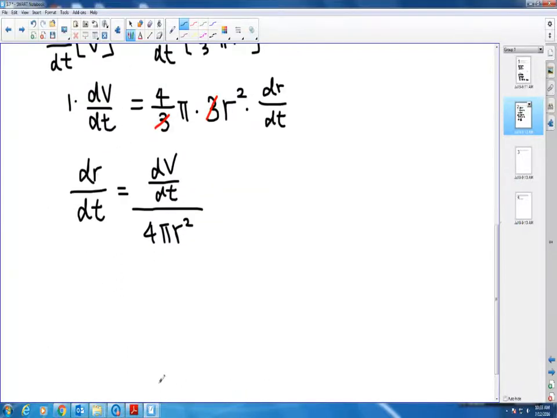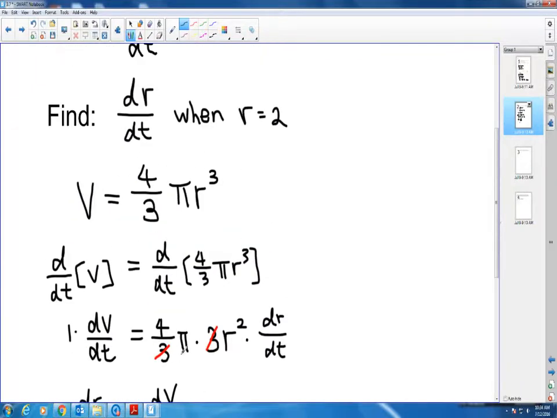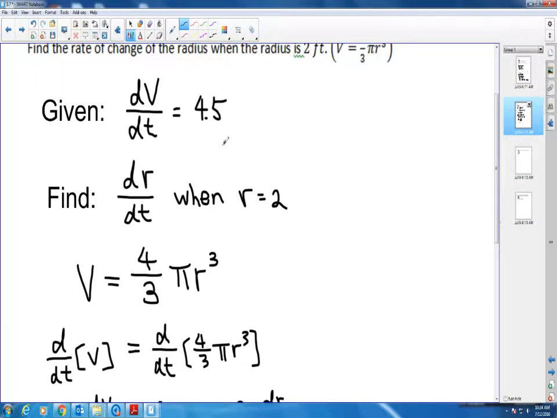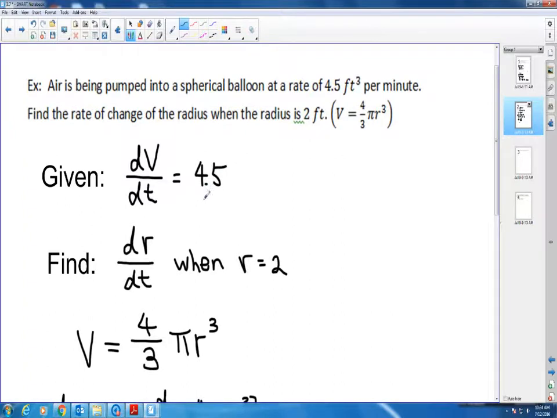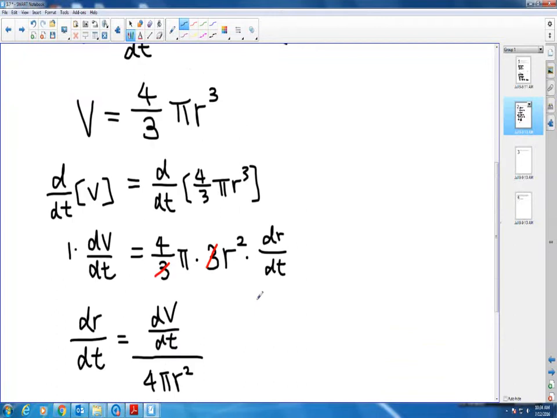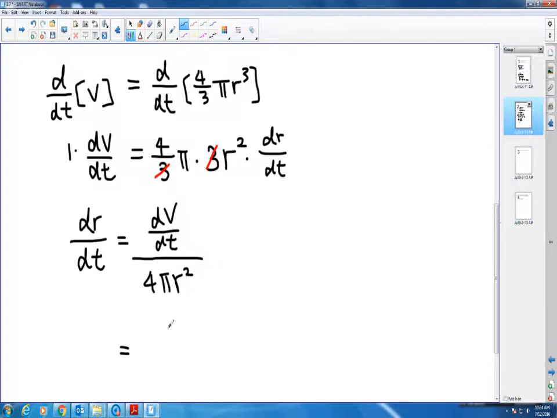Alright, so let's evaluate. dV over dt was given to us, the rate. The rate of the air going into the balloon is 4.5 cubic feet per minute, divided by 4 times pi times the radius, which was given to us as 2, squared.